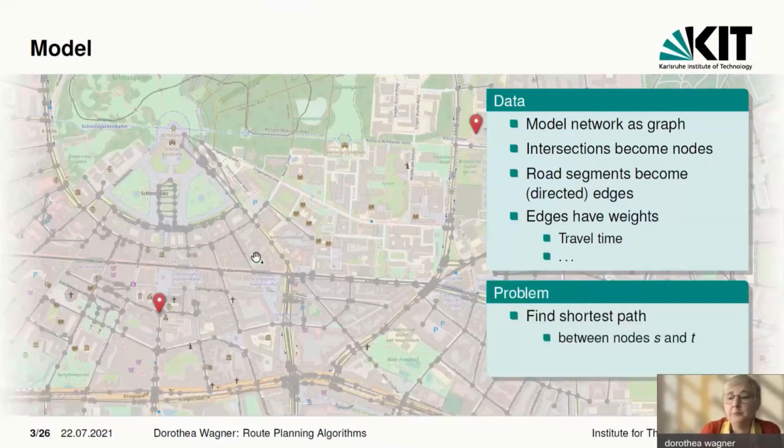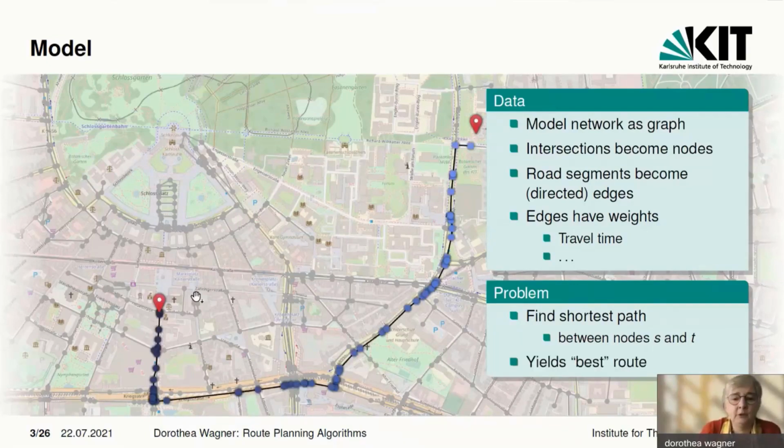And then the problem is to find the best connection between a source node and a target node, which is the same as finding the shortest path in this graph we just built up.